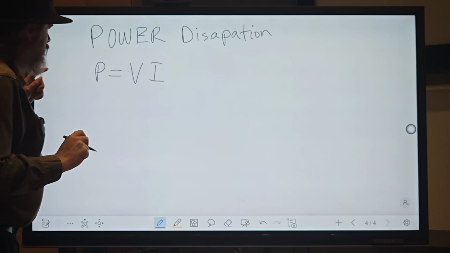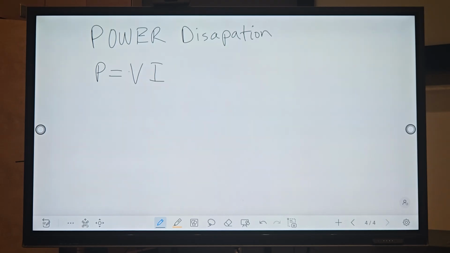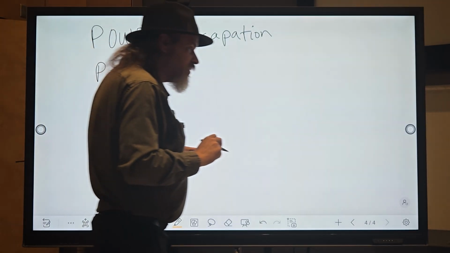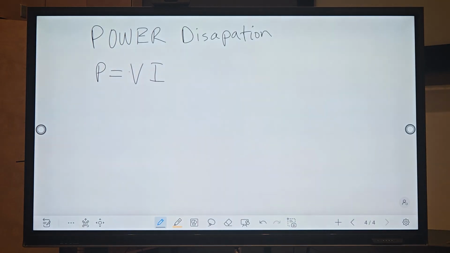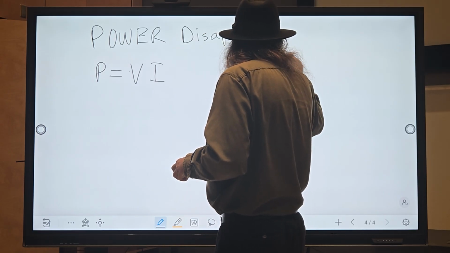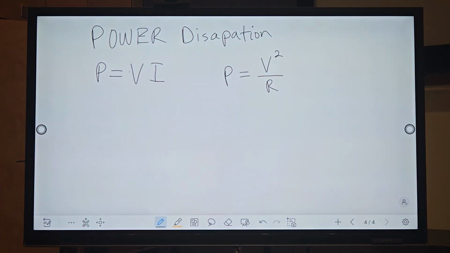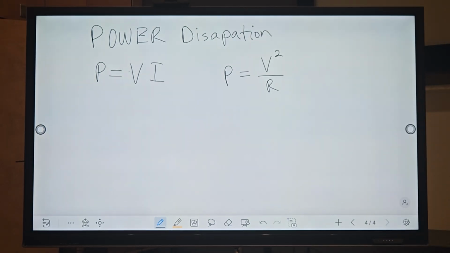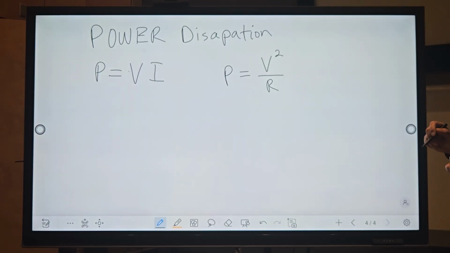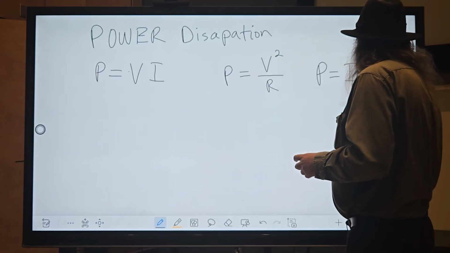So substituting that into Ohm's law, we get, for example, P equals V squared over R, right? And also P equals I squared R.